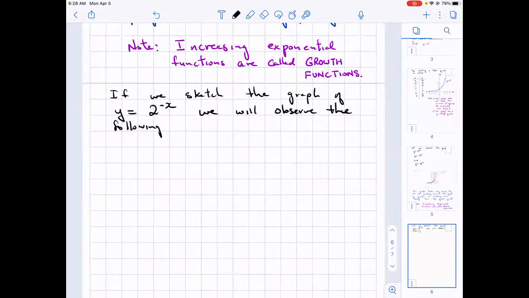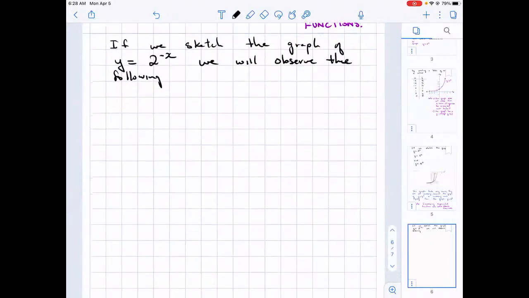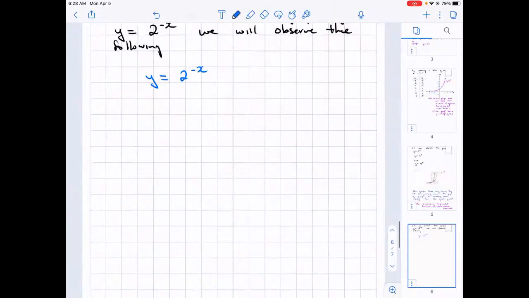Just as a quick reminder, y is equal to 2 to the minus x, and keep in mind that this is the same as y is equal to 1 over 2 to the positive x, or we can say y equals (1/2) to the x.